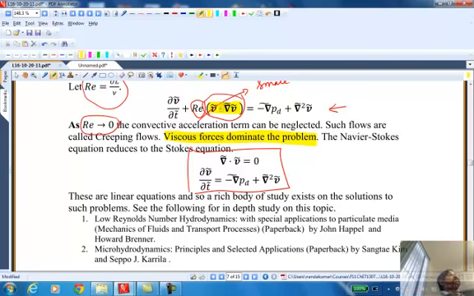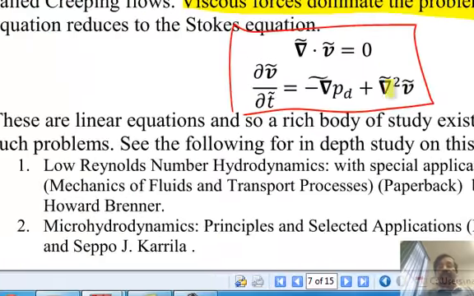So we first looked at situations where the term was spontaneously dropping out. These are one-dimensional flows, and there are a lot of one-dimensional flows in nature that are useful. And then we are now looking at two-dimensional flows where the term cannot be eliminated but can be assumed to be small and dropped because of that. Then we can solve the remaining equation and look at the flow behavior. That will be the so-called low Reynolds number hydrodynamics.